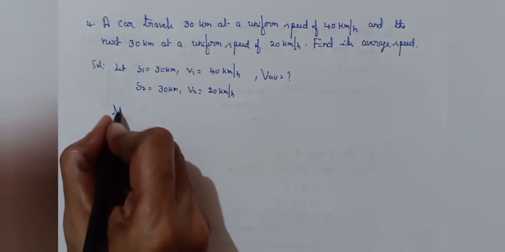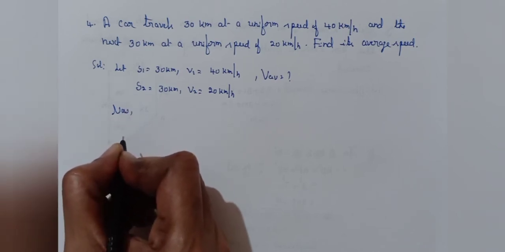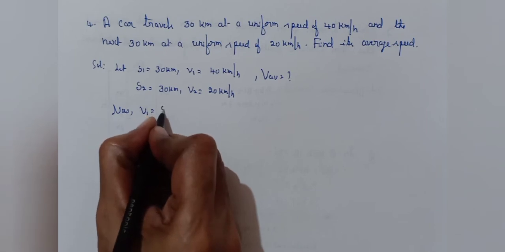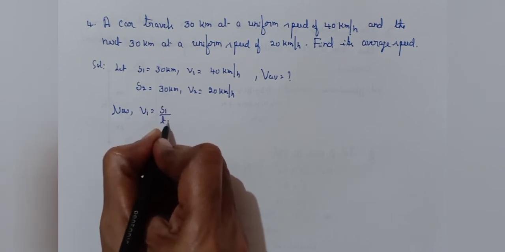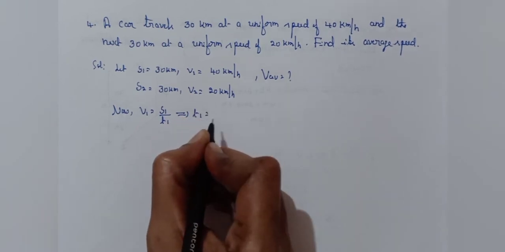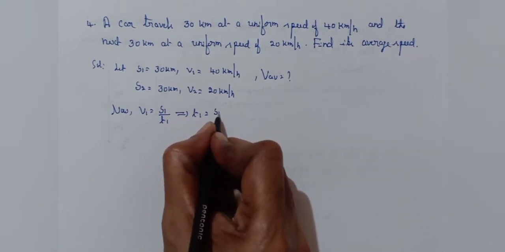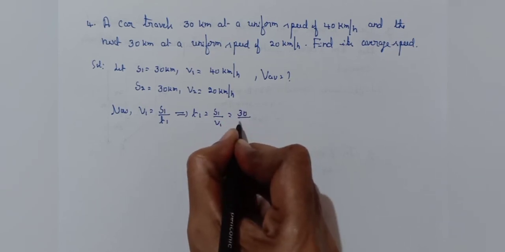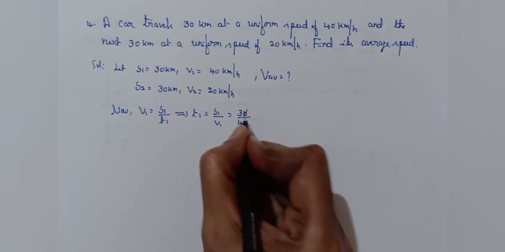You know, the speed is equal to distance travelled by time taken. Then V1 is equal to S1 by T1. Then T1 is equal to S1 by V1. The S1 is 30, V1 is 40, cancel the 0.